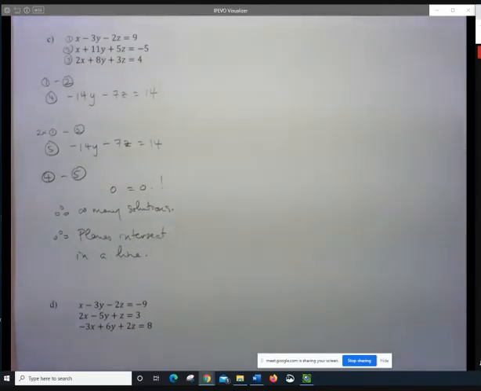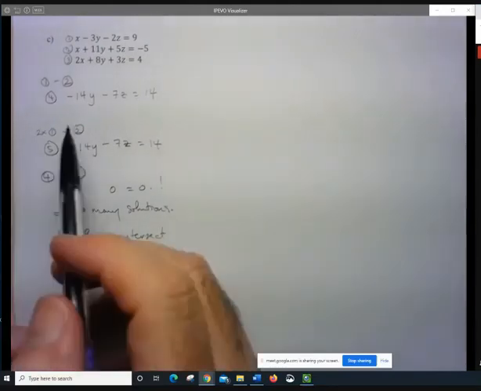What was our strategy for determining the equation of a line of intersection? There you go: write two of the variables in terms of the third.